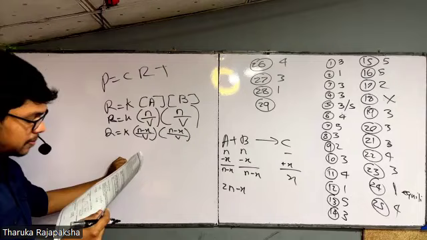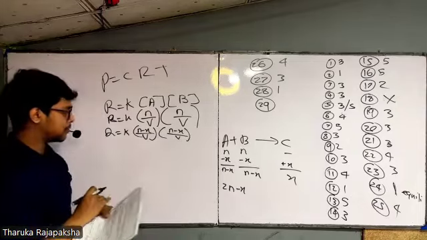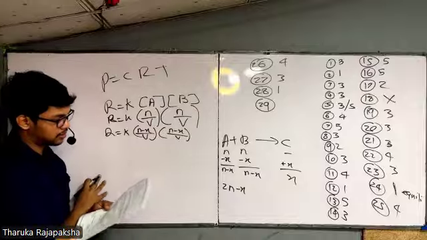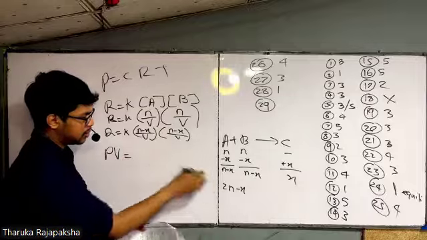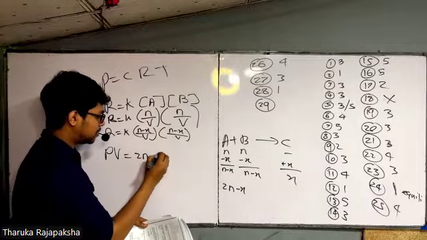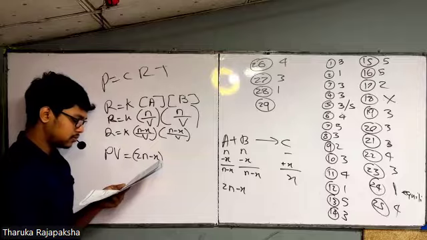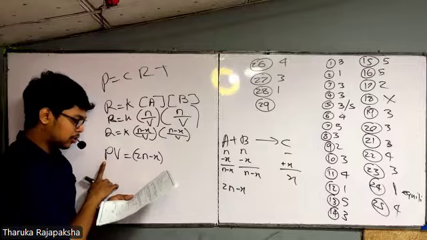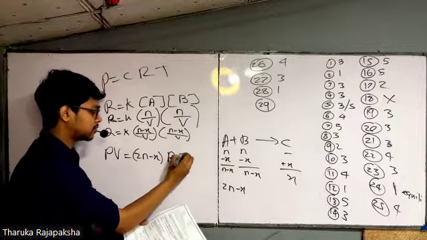Pressure P of the vessel is given. PV equals nRT. If we apply, we can subject X out of it and we can substitute into X. PV equals total number of moles at the end, 2N minus X. Pressure we know, volume we know, number of moles is the total amount, nRT.